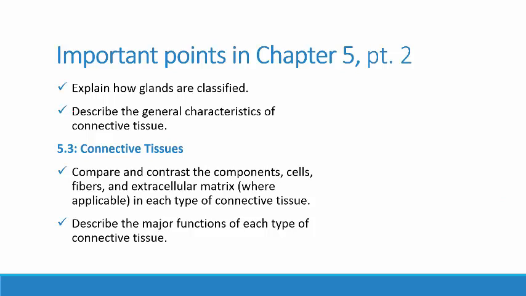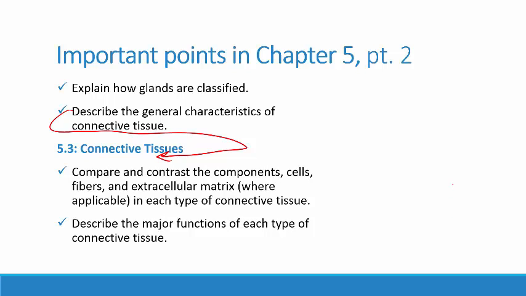And so then we talked about glandular tissue. So we described, then we looked at connective tissues, described the general characteristics, how they have a specialized cell, an extracellular matrix that's composed of ground substance and protein fibers. And then we compared and contrasted the fibers, the matrix, to think about each of the connective tissue types.